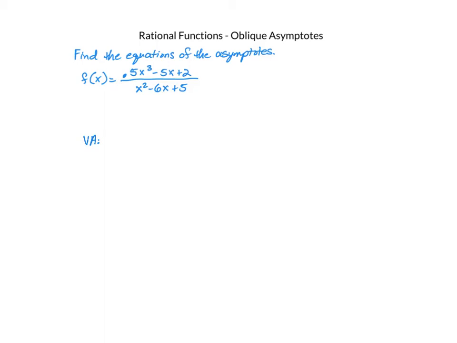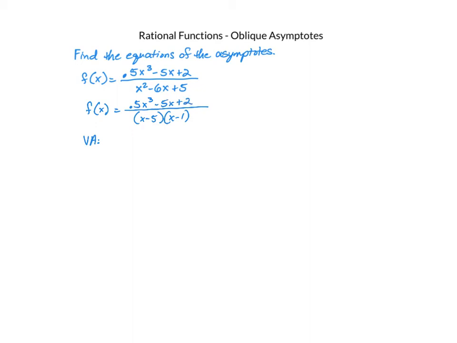We look in the denominator. If we factor the denominator, we'll have x minus 5 times x minus 1. And we'll leave the numerator unchanged: 0.5x cubed minus 5x plus 2.